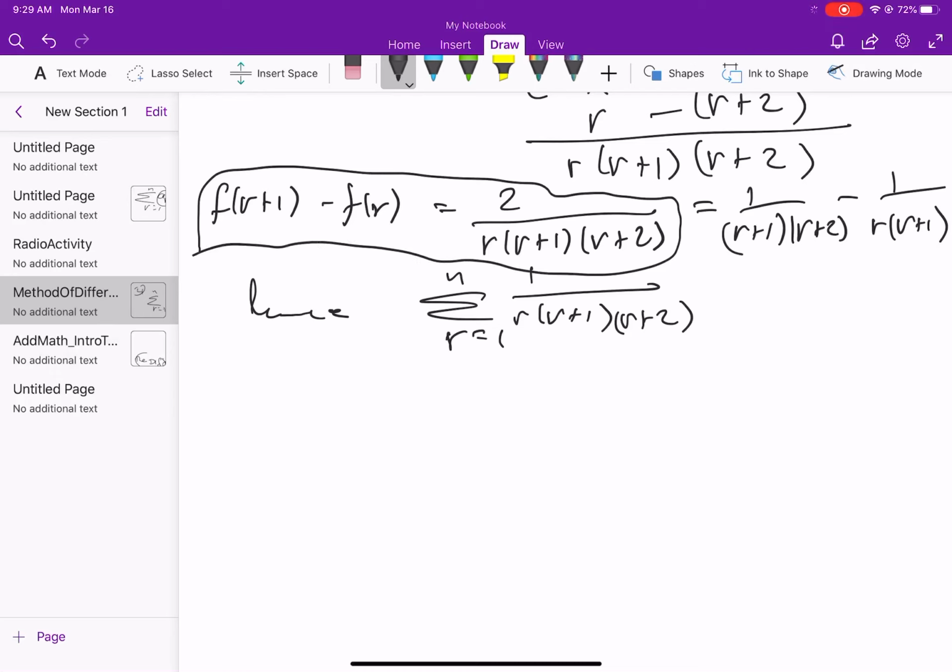If I were to divide both sides by 2, I'll get a half into f of r plus 1 minus f of r is equal to 1 upon r into r plus 1 into r plus 2.